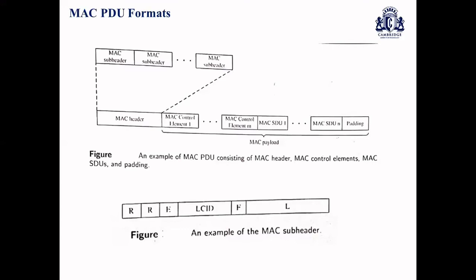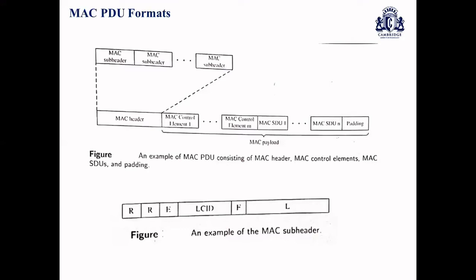There is one F field per MAC subheader. For every subheader in the diagram, you are going to have one F field, except for the last subheader.